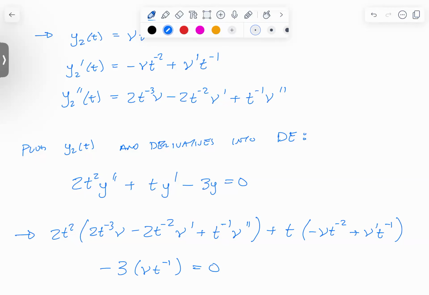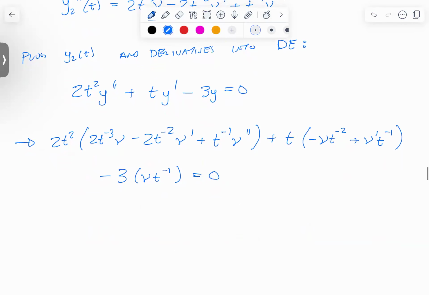And then the real work here comes in just rainbowing, distributing, and simplifying this down. The other important thing, remember when you're doing these derivatives, is that it's super important. We're just doing product rule, but remember this is v of t, so we have our v primes in here. Once I have it all plugged in, then we can simplify this guy down.